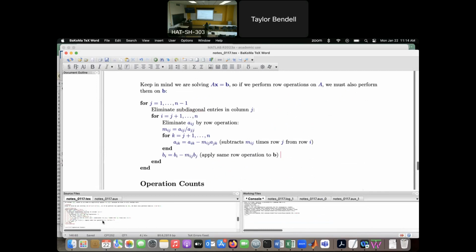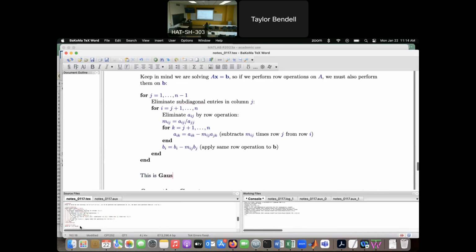So what we've just seen here is Gaussian elimination, reducing A to row echelon form, or upper triangular.